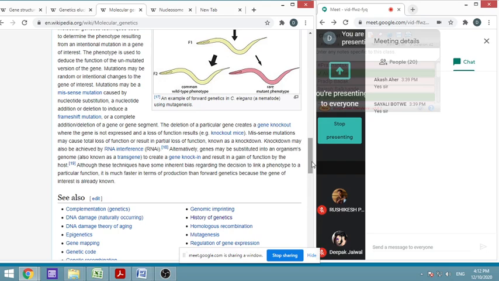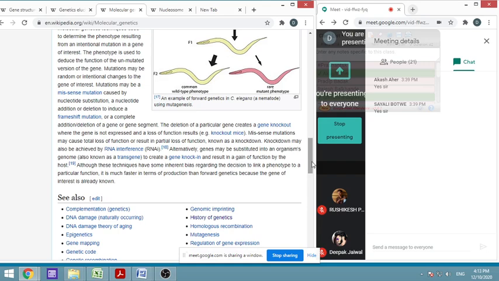So in the opposite term, earlier we have seen that some gene portion is not allowed to express, it is silenced. So we call it a gene knockout. Here we call it a gene knock-in. That means a new gene which was not there, a new activity, new function will be shown by that particular species or cell.